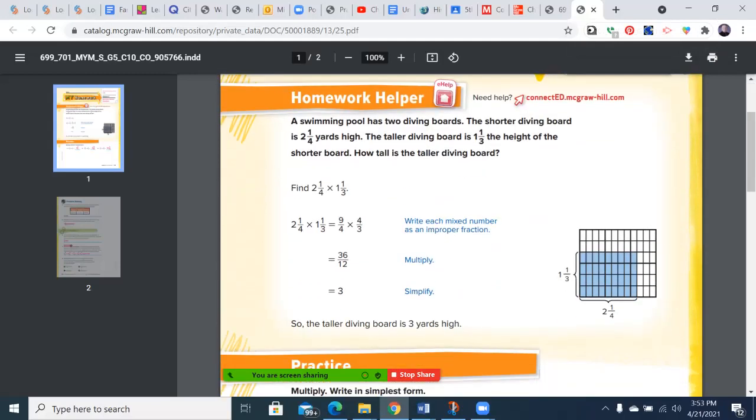One of the key details is that you need to take your mixed numbers and convert them into improper fractions. Remember, an improper fraction is a fraction where the numerator is larger than the denominator, such as 9/4 and 4/3. To do this, you multiply the denominator, the bottom number, times the whole number, 4 times 2, which is 8.